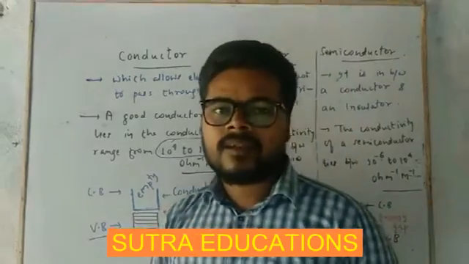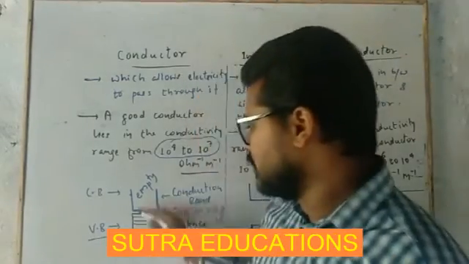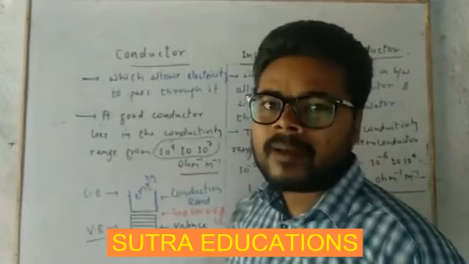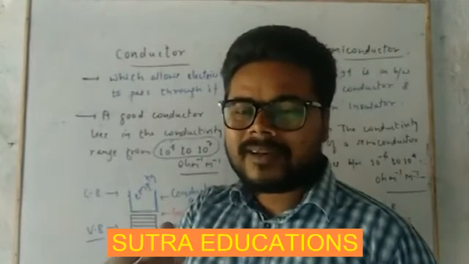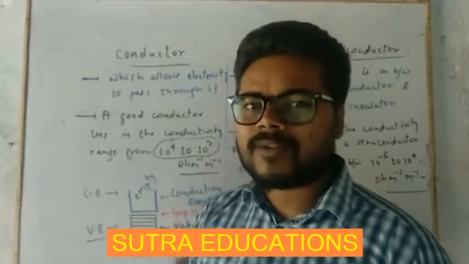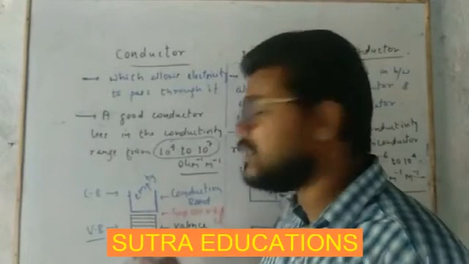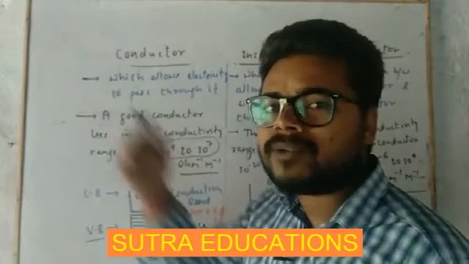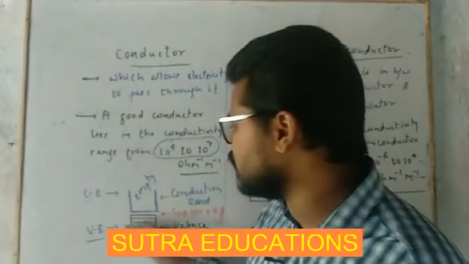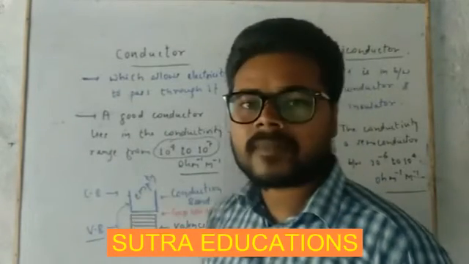So what happens? Energy gap is small, so by absorbing a very small amount of energy, the electrons present in valence band are capable to jump from valence band to conduction band. Getting this now?